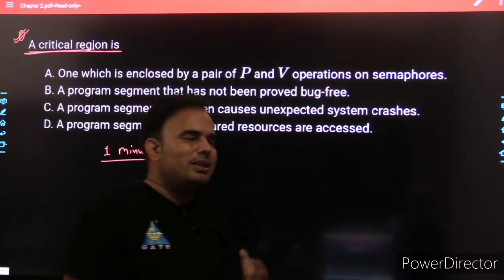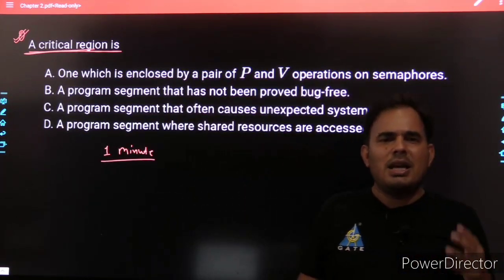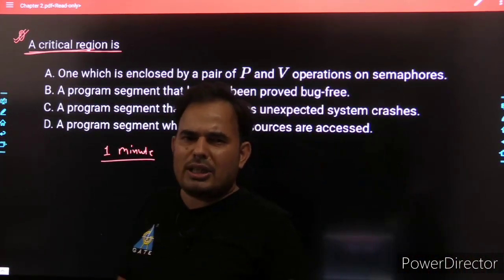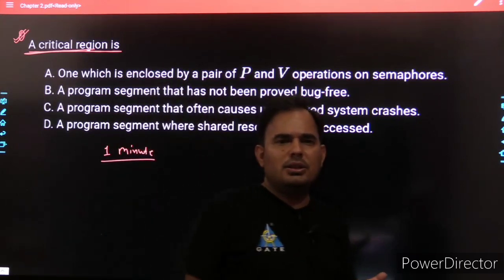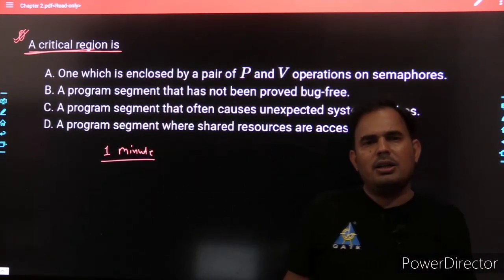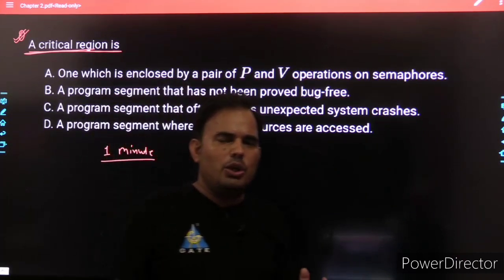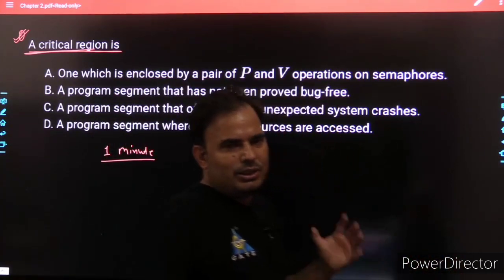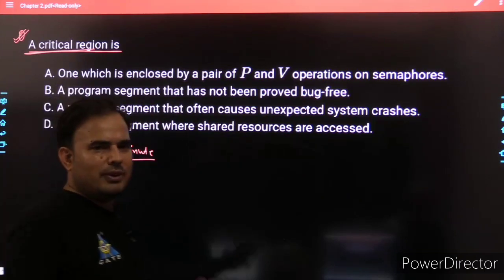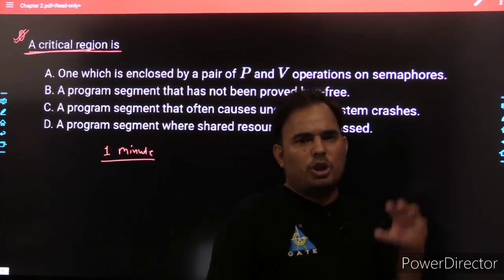Critical section, as I told you the definition, is a portion or section of the process or of the program where the process can access the shared resources during its execution. Critical section is a place where shared resources of the processes are available.